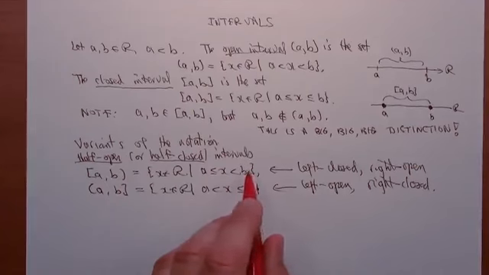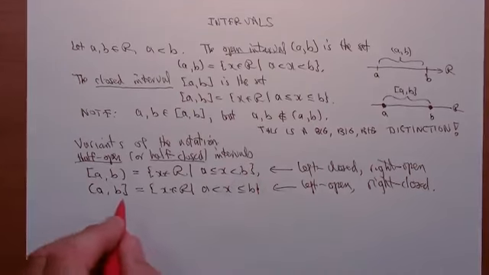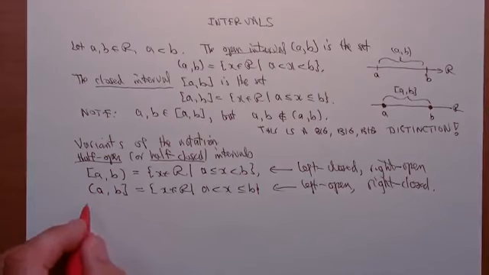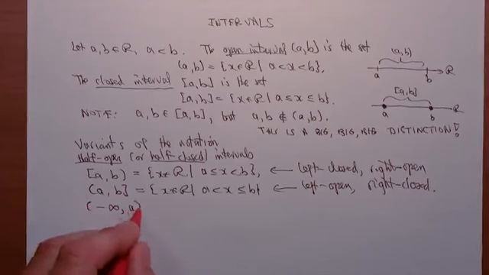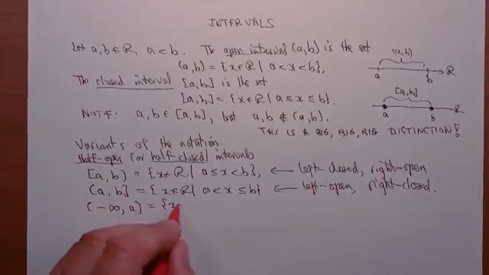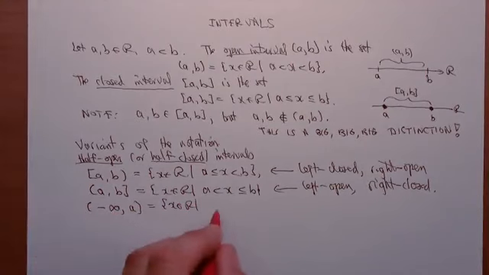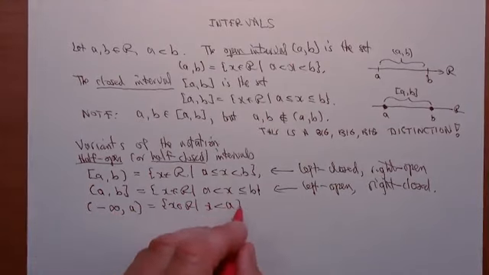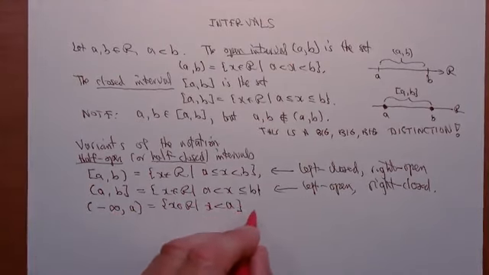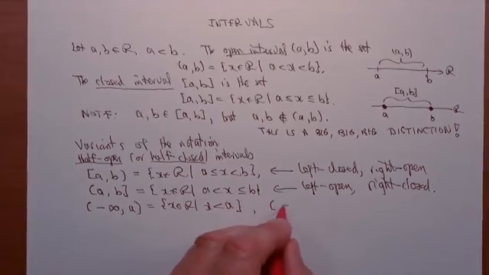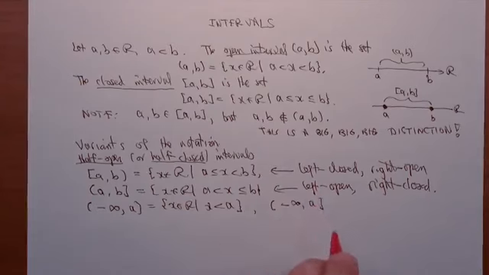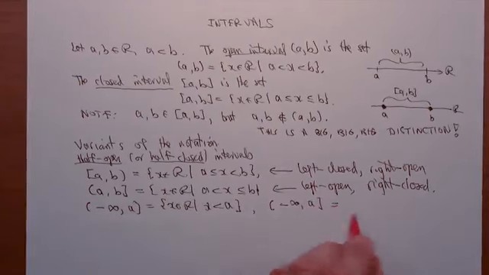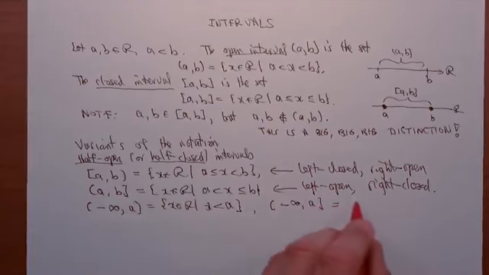And one more bit of notation. We sometimes include intervals that stretch all the way to infinity, and we write things like (negative infinity, A), which is the set of all x in R such that x is strictly left of A. It's everything to the left of A. Or I might write something like (negative infinity, A] with a square bracket to denote a closed part of the interval.